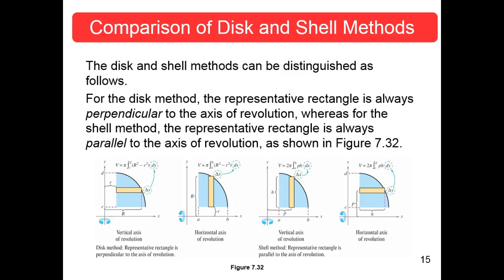If this is the axis of rotation, the y-axis, then the representative rectangle is going to be perpendicular to that, which means a dy. I like to think in terms of axis of rotation, and that's why I'll never say the rectangle. I really don't think in terms of rectangles. I think of your dy's. If you're revolving around y, take your dy, and that's going to give you your disk, which makes the rectangle perpendicular to that. Okay, fine.